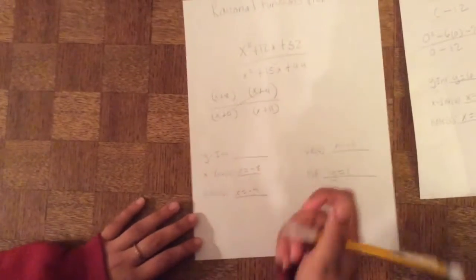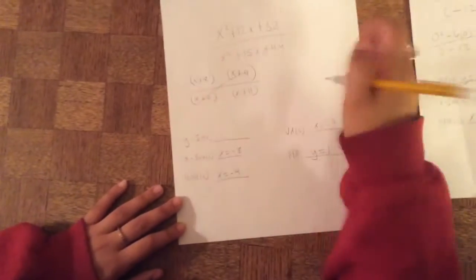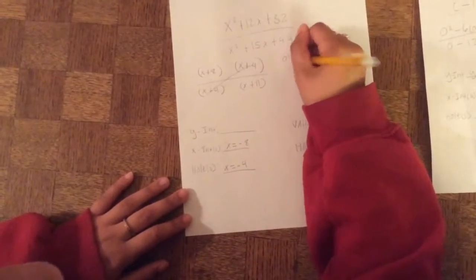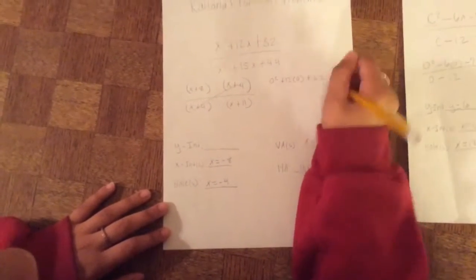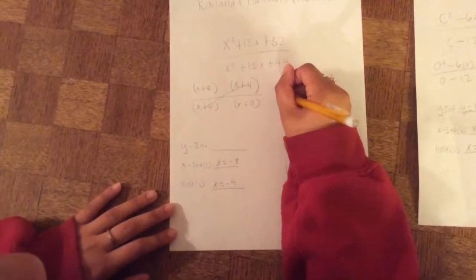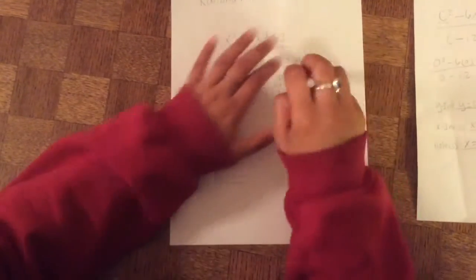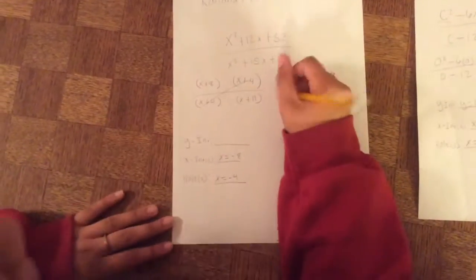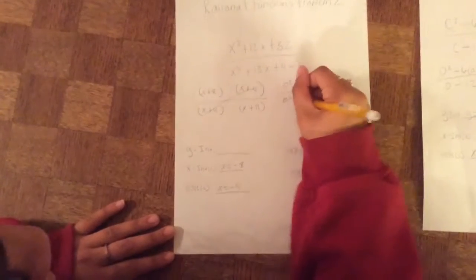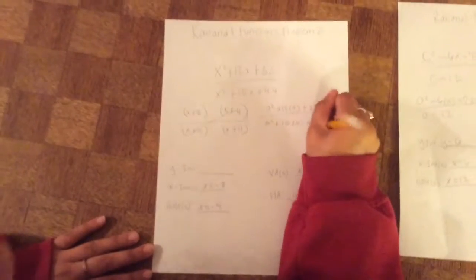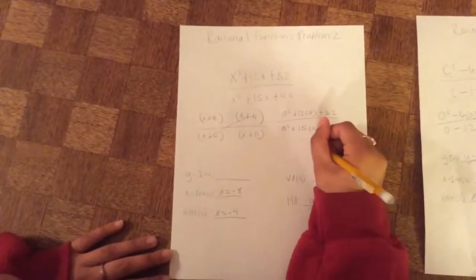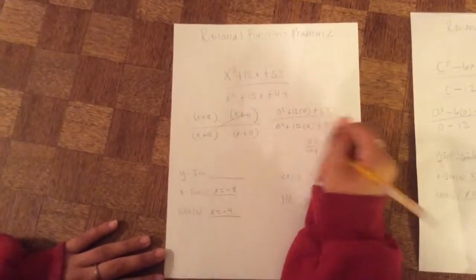And then our y-intercept, so set all the x's to 0. So 0 squared plus 12 times 0 plus 32, over 0 squared plus 15 times 0 plus 44. That leaves us with 32 over 44.